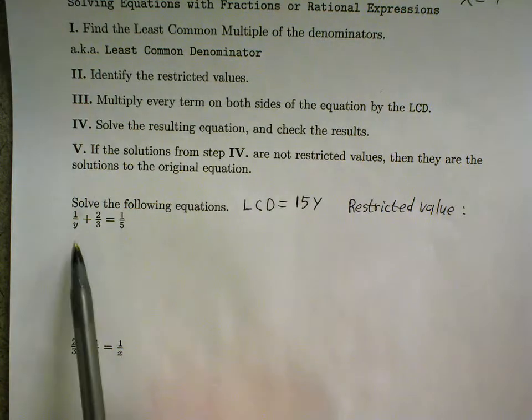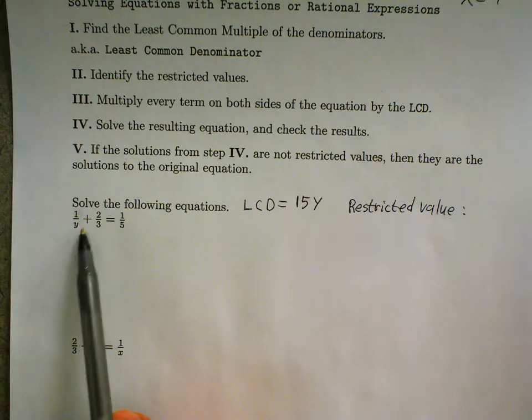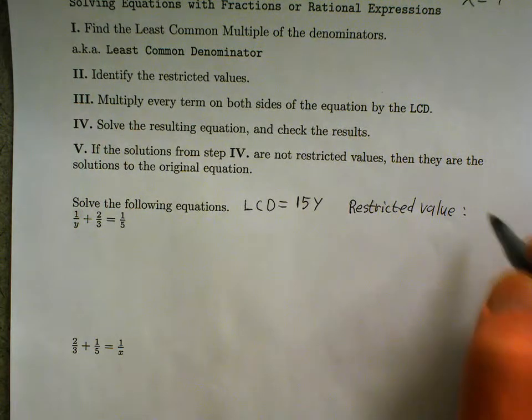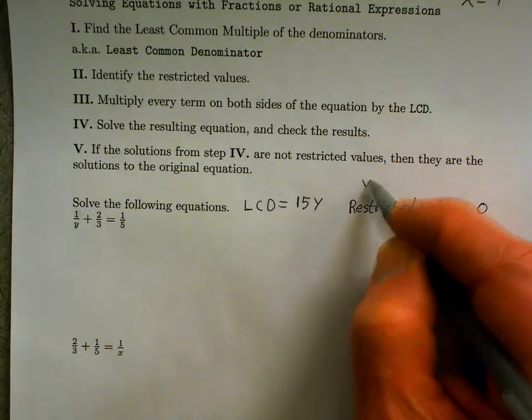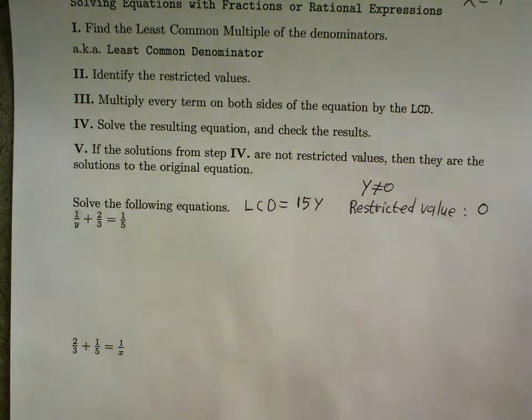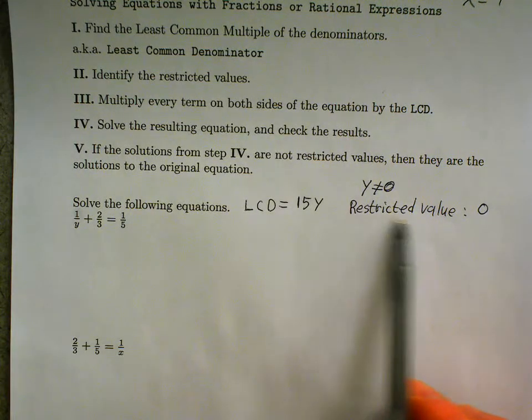We see the variable y in the denominator of one of the fractions, and denominators are not permitted to be 0. So the restricted value is 0. In other words, we say that y cannot be 0 because y is in the denominator. Therefore, the restricted value is 0.